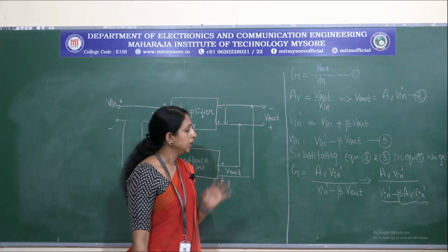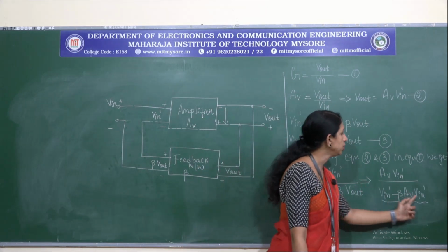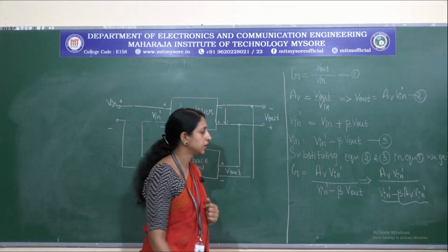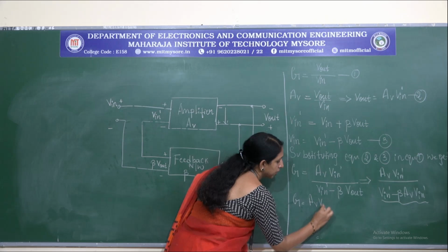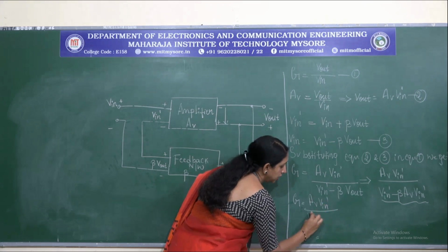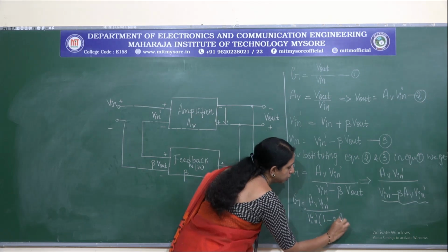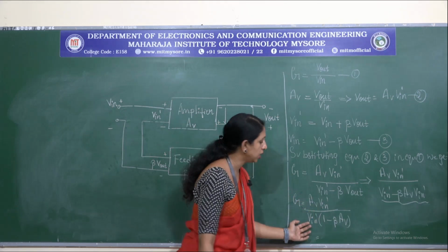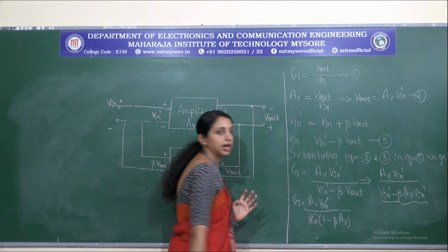In the denominator we have V in dash in both the terms. You can easily take that out as a common factor, and overall gain becomes AV V in dash divided by V in dash into 1 minus beta into AV. In the numerator also we have V in dash, and in the denominator also we have V in dash. These two will get cancelled.